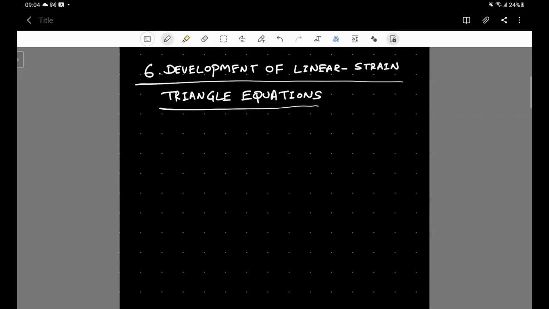In this context, we also briefly talked about another element which we call the linear strain triangular element, or in short, LST. As the name denotes, the strain within this element varies linearly. In the previous element type, the CST element, the strain was constant, but in the linear strain triangular element, the variation of the strain is not constant, it's linear.